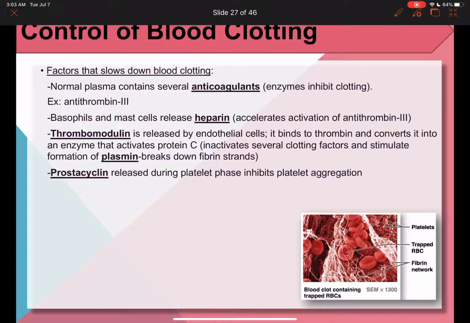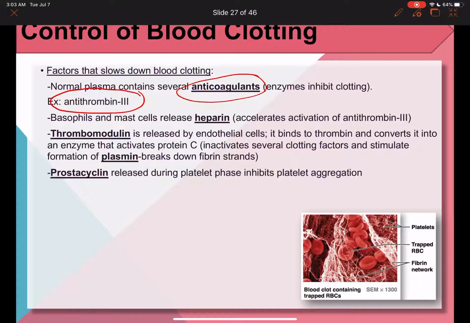Normal plasma will contain several different types of what's called anticoagulants that will inhibit clotting, like antithrombin. Okay, remember thrombin is in the end the overall thing that will cause formation of fibrin. So there is antithrombin 3, for example, that's formed as an anticoagulant.